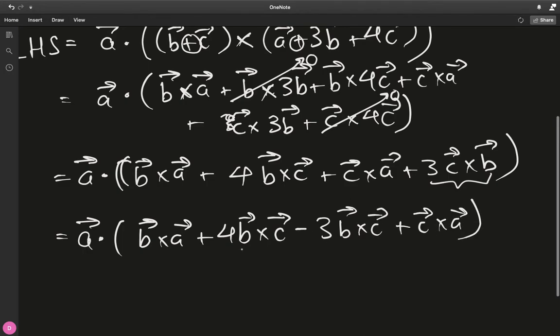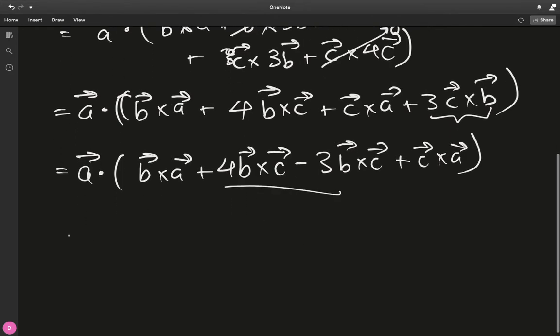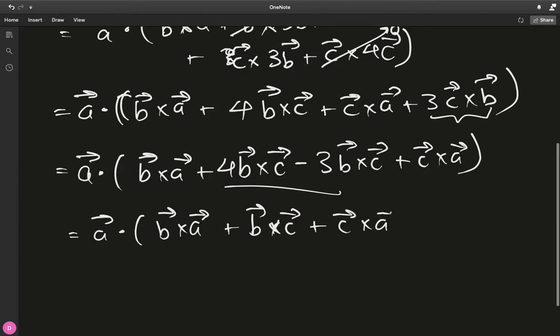So these two cancel out nicely. So a vector dotted with b vector cross a vector plus b vector cross c vector plus c vector cross a vector.